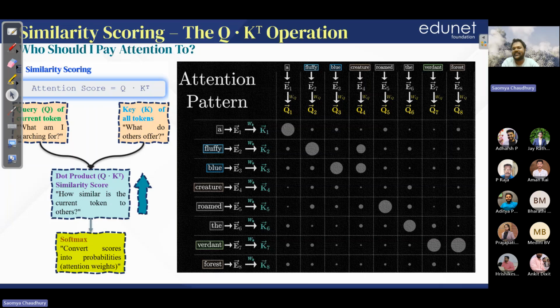So n cross n dot product with m cross n results in an n cross n matrix. You finally get something called a square matrix. Why? If the value of n is 4, you also get 4, so a 4 cross 4 matrix. Do you follow the next set of procedure I'm talking about, guys?